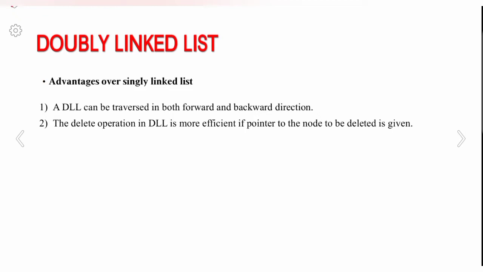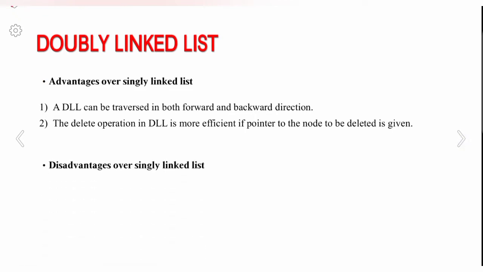That means we can visit a node in the linked list any number of times. That's why the delete operation in a doubly linked list is more efficient if a pointer to the node to be deleted is given. So we can implement the operations on a doubly linked list much more efficiently than on a singly linked list.